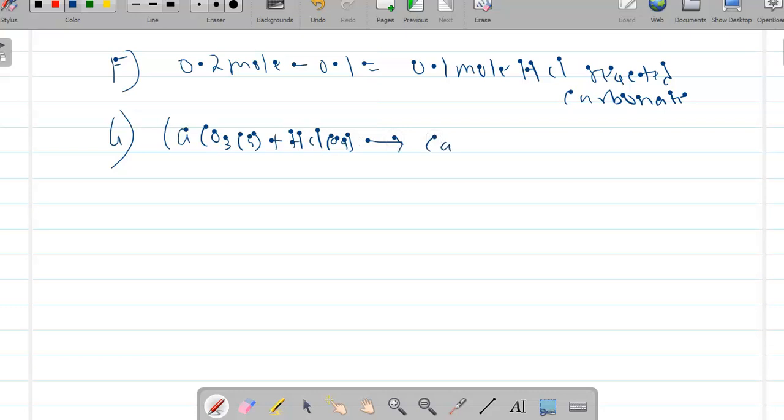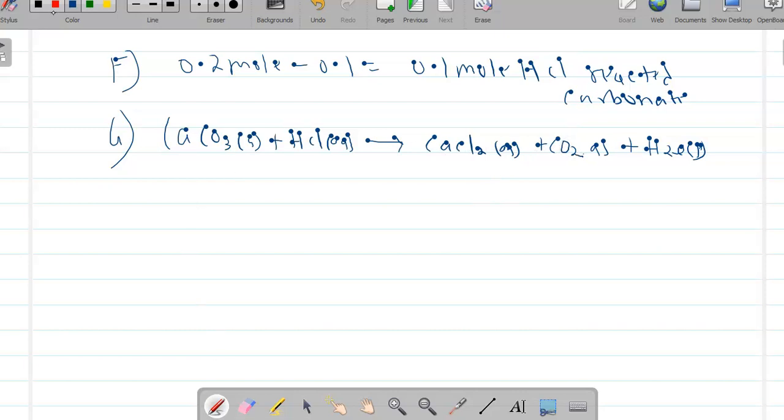We will get calcium chloride aqueous plus carbon dioxide gas plus water. So here we have oxygen 3. My pen is not operational. This is carbon dioxide, not 3. Carbon dioxide, that's how it's written.